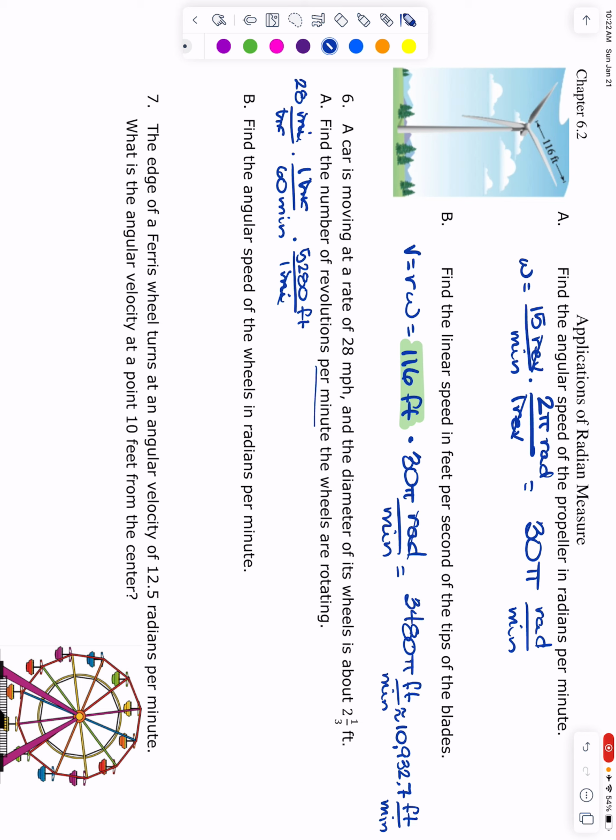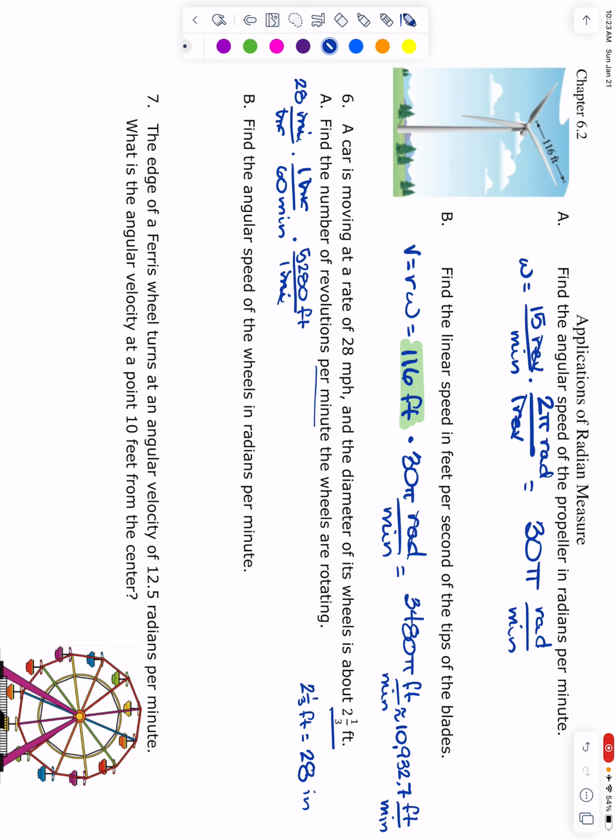Now let's talk about how we want to take care of this circumference, 2 1/3 feet. 12 inches per foot. So the 2 feet, 12 plus 12, 24 inches, another third of a foot, another 4 inches. That's 28 inches.